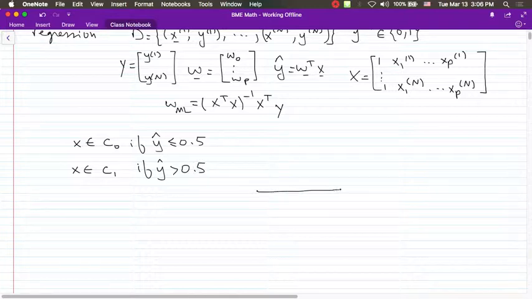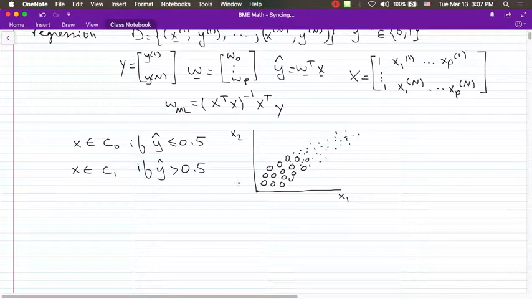So we have some space of x1 and x2, let's say. So this is x1, this is x2, and we've sampled our data, and here's what we have. So I'm going to draw circles when it's one class. And I'm going to draw points when it's the other class.